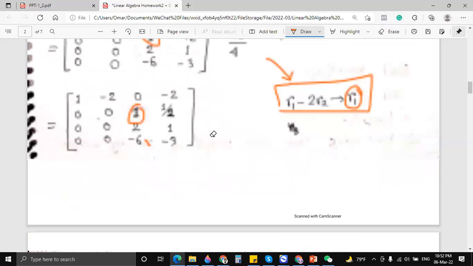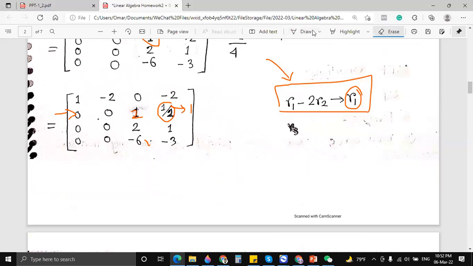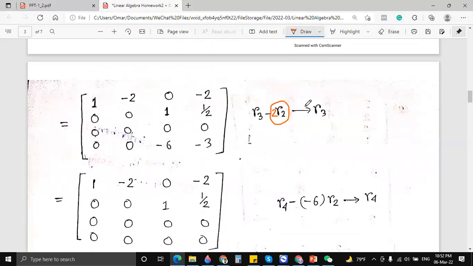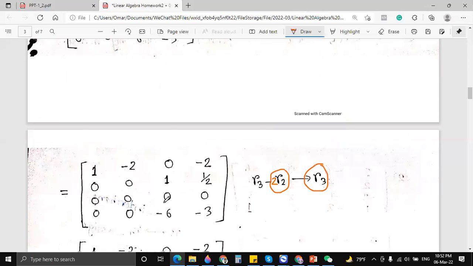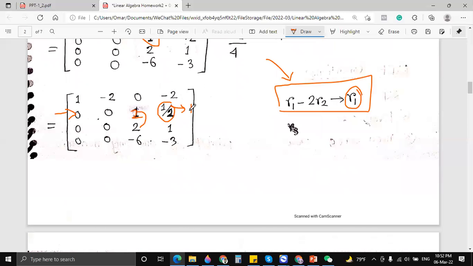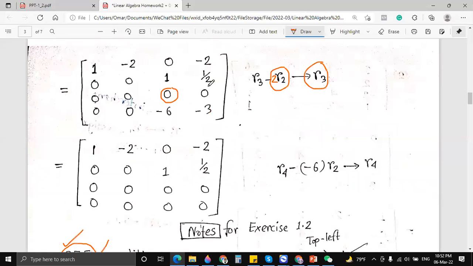And we are assigning the number to the third row, okay? So 2 minus 2, that is going to be 0. So here is 0. And 1 minus 1, that is going to be also 0. So here is 0, okay? So I have made a little mistake here, okay, Hassan?